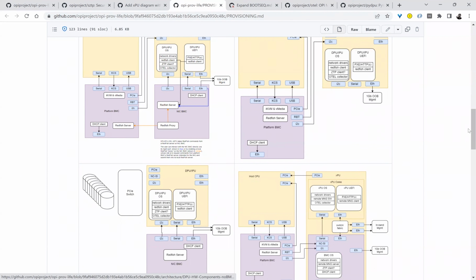What we did with Match, and we worked on this diagram together, is extend these diagrams or examples with the case when we have BMC as part of IPU, or, reflecting to Intel IPU, it's IMC cores versus ACC cores.